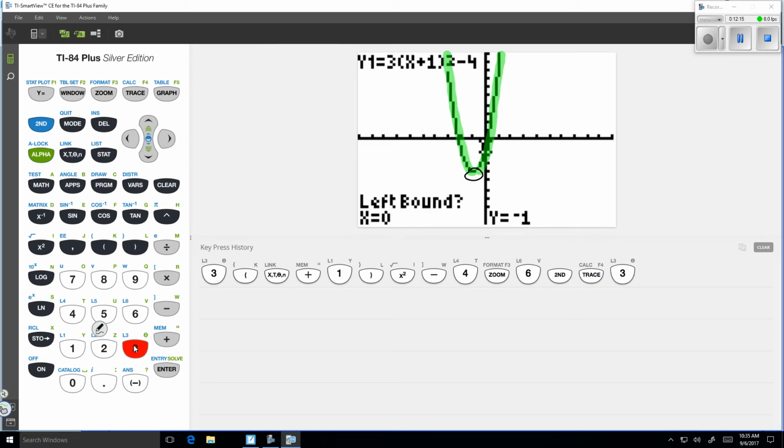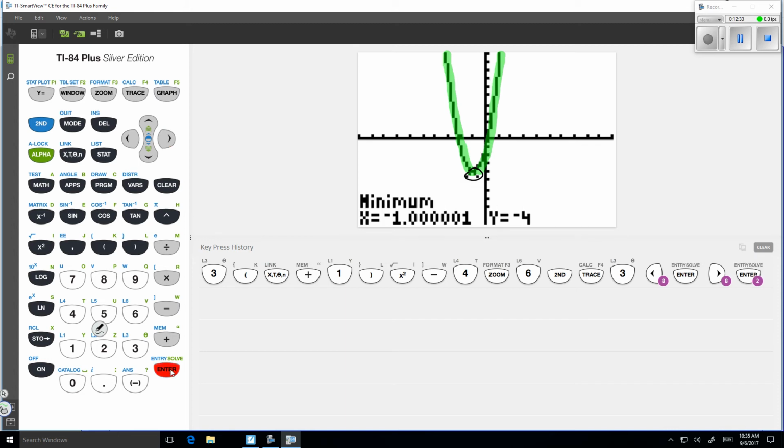And then the little spider is blinking there, and so what we want to do is arrow slightly to the left of the perceived minimum, anywhere to the left, and press enter, and then slightly to the right of the perceived minimum, and press enter, and then press enter for our guess. And clearly, even though the calculator is approximating it, that minimum point is -1, -4.